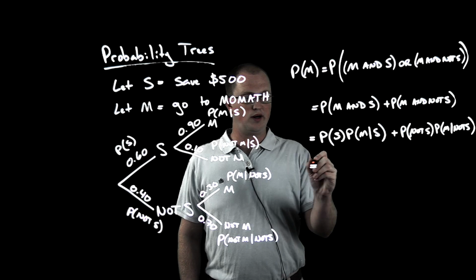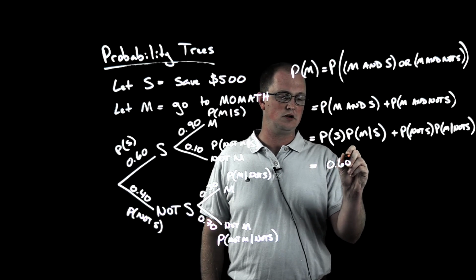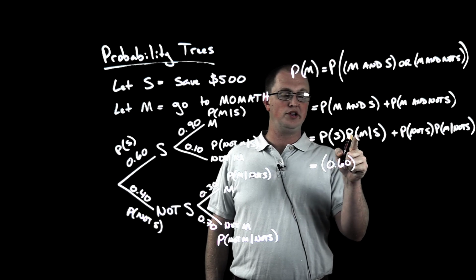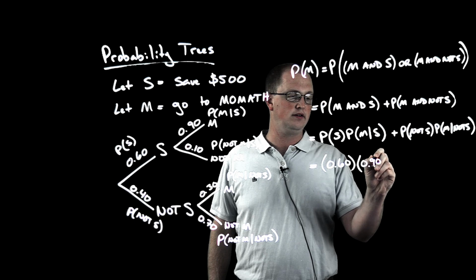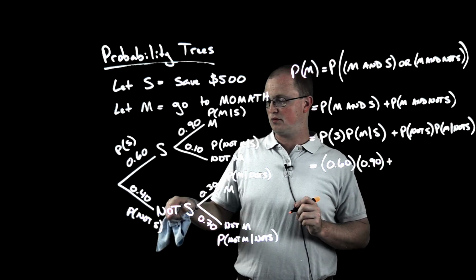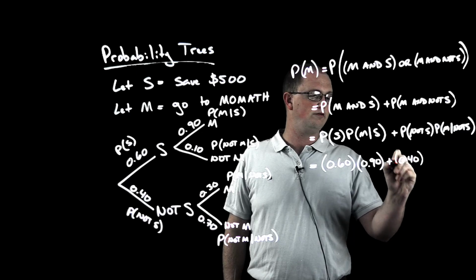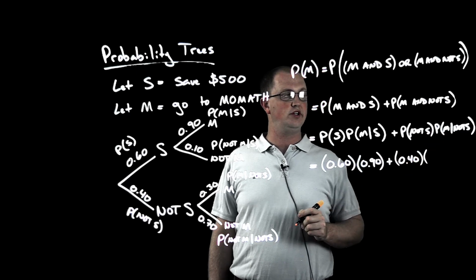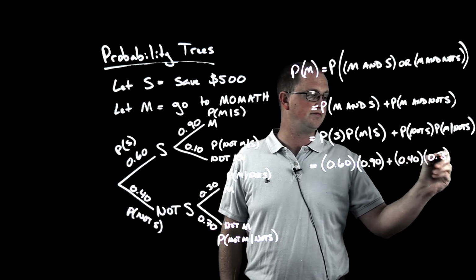We know that the probability of S is 0.6. We know that the probability of M given S is 0.9. We know that the probability of not S is 0.4. And the probability of M given not S is 0.3.